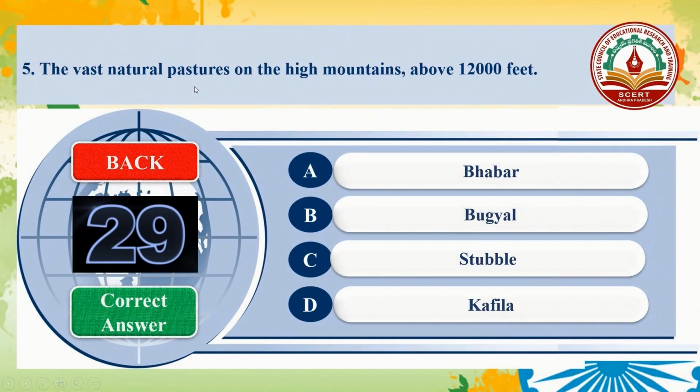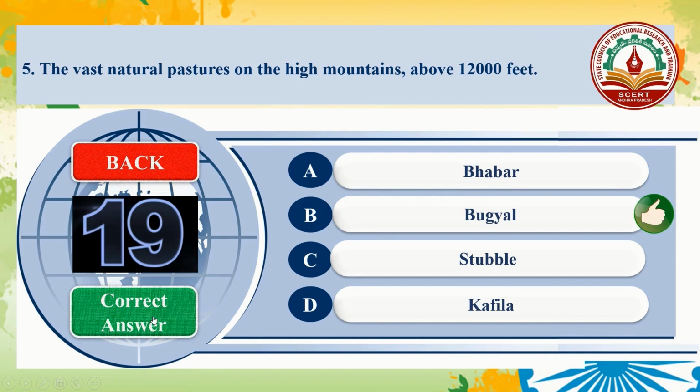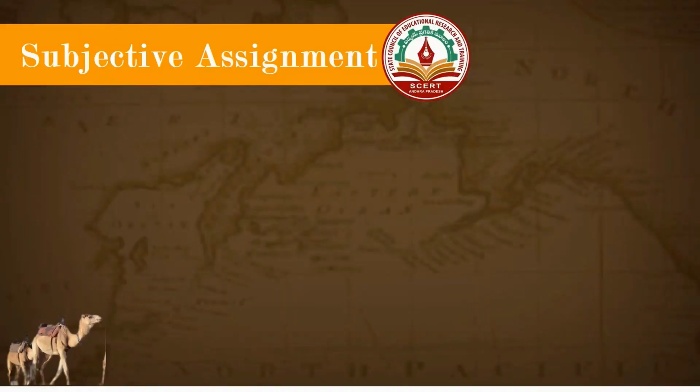The vast natural pastures on the high mountains above 12,000 feet. These are the 4 options. Correct answer is Bugyal is the right answer. In this way, we organize interactive quiz with so many rounds, with so many bits.